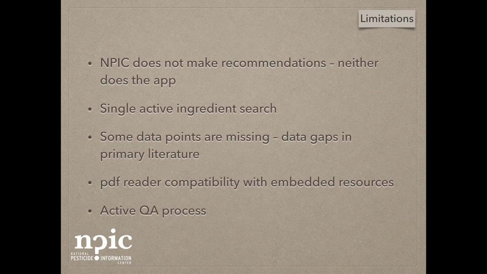So to compare properties of ingredients, one workaround is to open additional tabs or windows in your browser, and then you have those listed there. But also related to this limitation, if you wanted to search for information about a formulated product that maybe has multiple active ingredients, you can't directly identify those ingredients from HPT, but you can use another web app tool that we've created called the NPIC Product Research Online, or NPRO, to find out more about the ingredients included in a specific product.